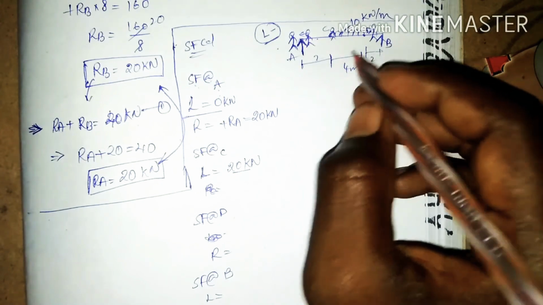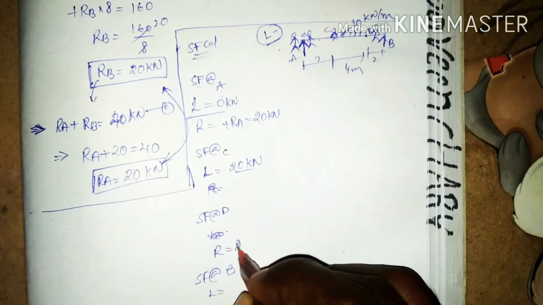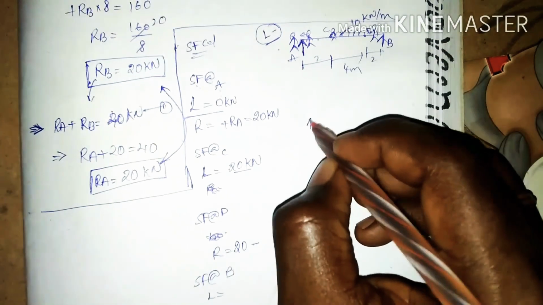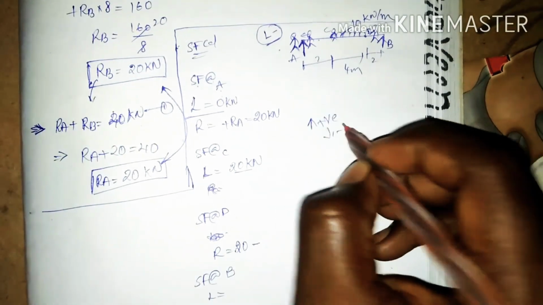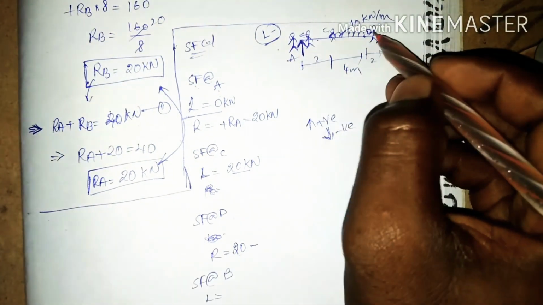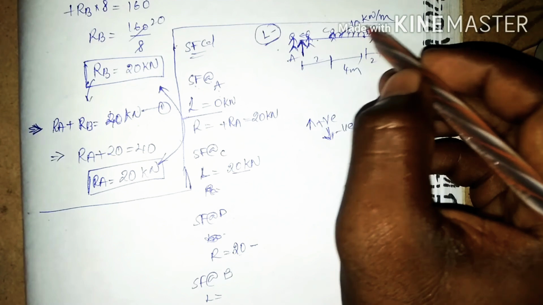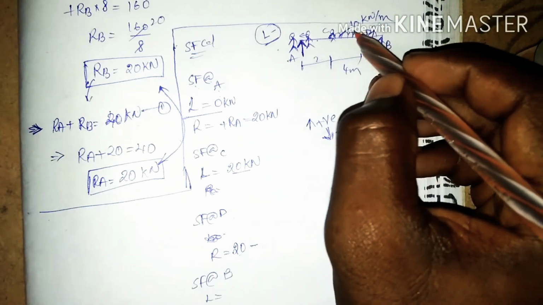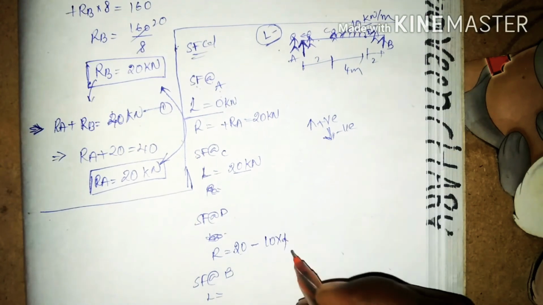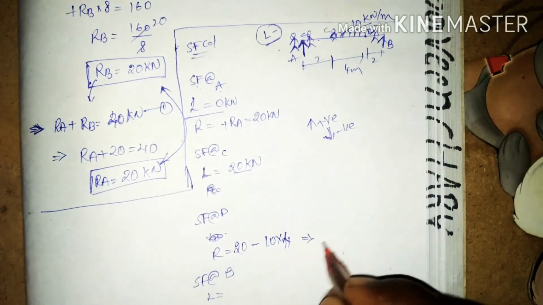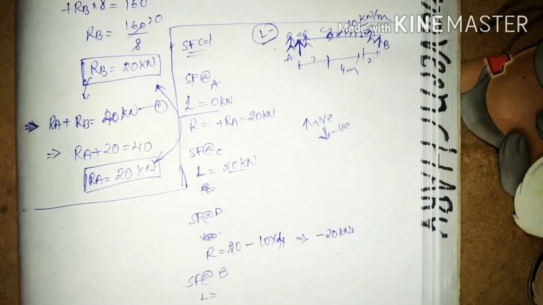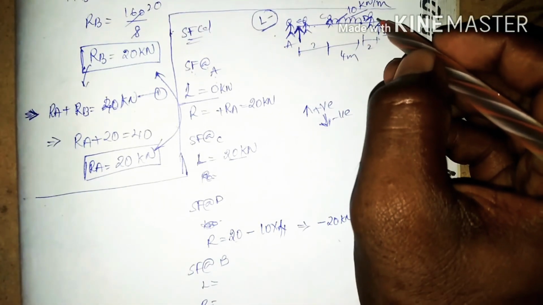That will be 20 minus, because upward is positive and downward is negative, 20. Here the load should be in kilonewtons, so it is converted to a point load, 10 into 4, 40. That is going to be minus 20 kilonewtons.